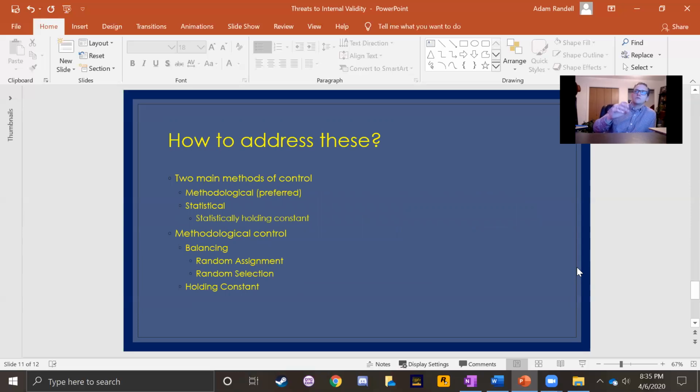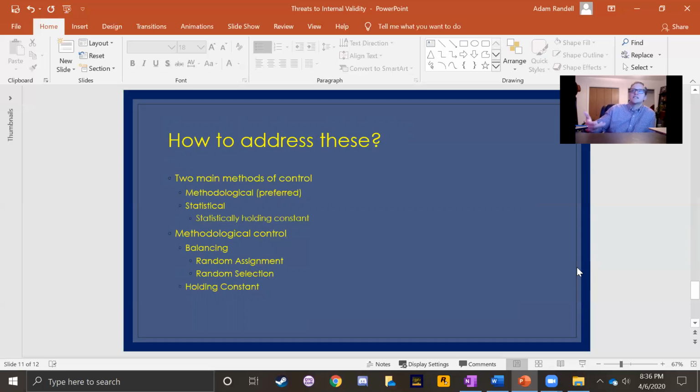So through all of these threats, I've talked about holding constant, these methods of experimental control, like holding constant and balancing. These are methods of methodological control, and they are always preferred. But sometimes when we can't methodologically control for something, we can statistically hold it constant. So we might measure something that's co-occurring and then hold it constant statistically in our statistical analysis.